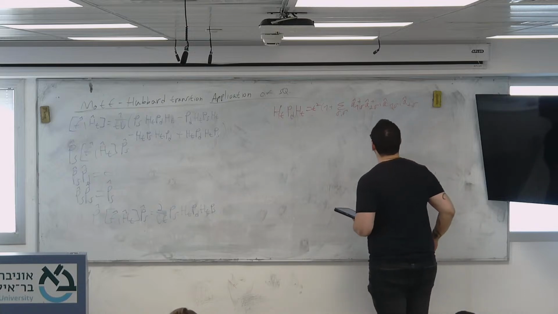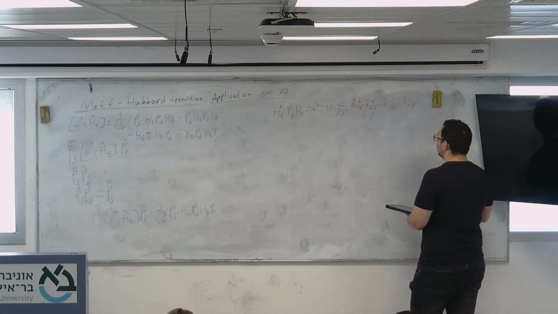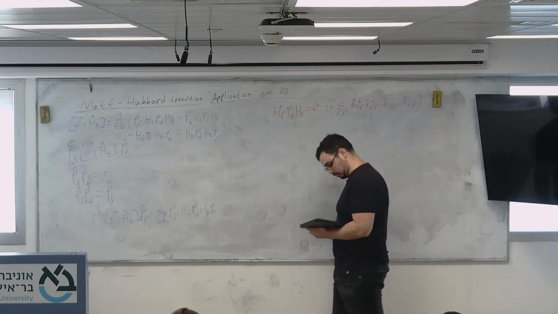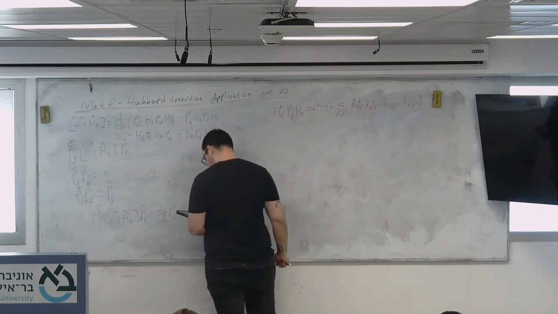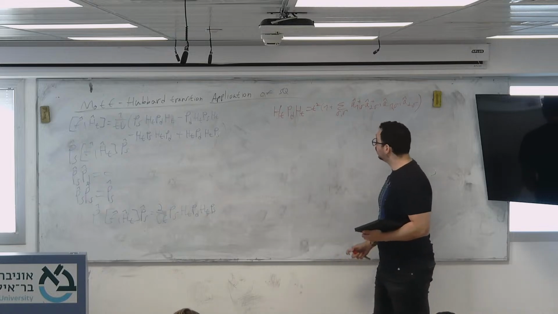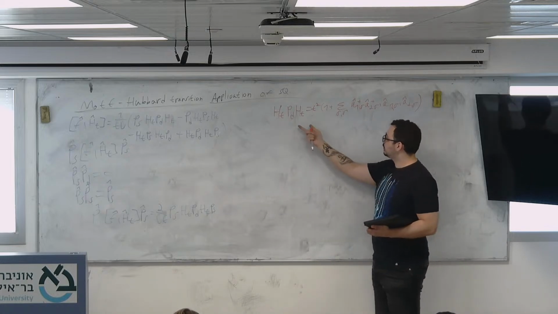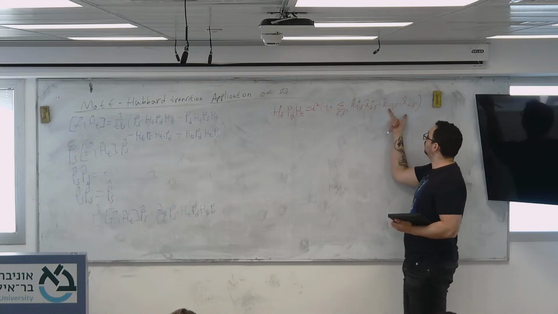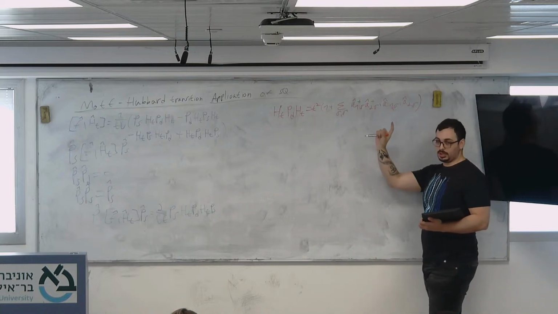So, basically, if you read this equation, it will give us some constant energy plus switching of 2 electrons.